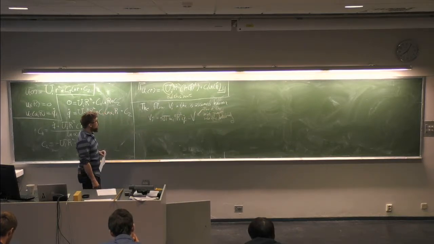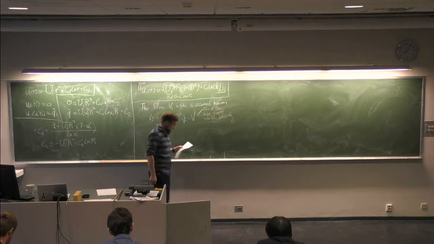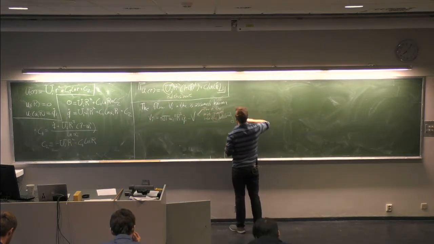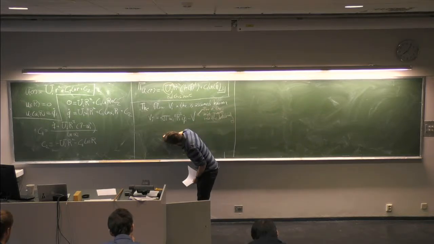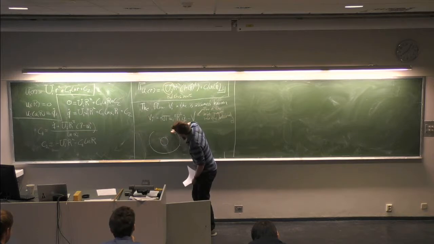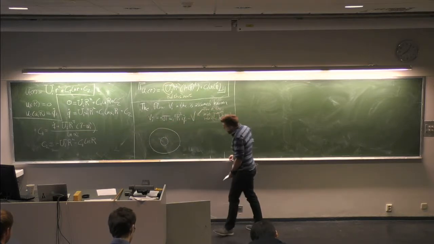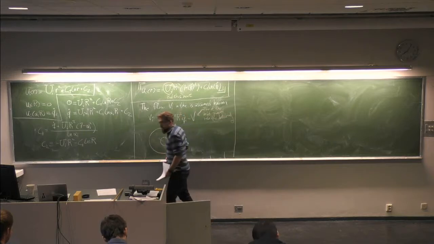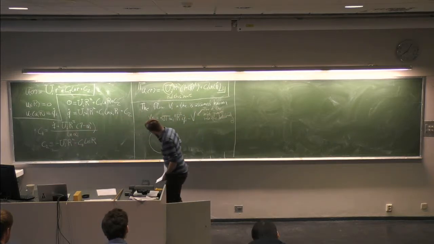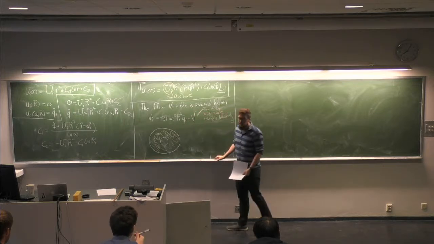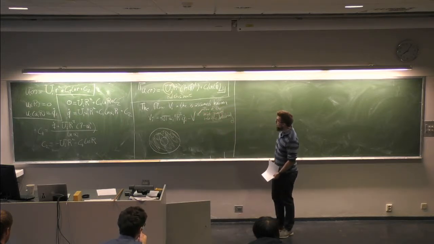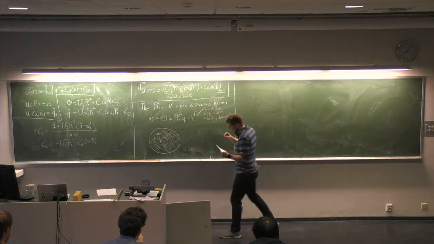Okay, so we also have another expression for vi by integrating ui over the annulus. So this brown part, that's an annulus in the well.